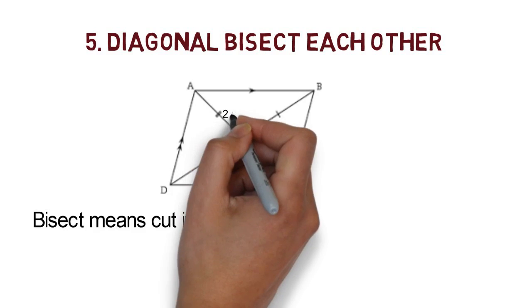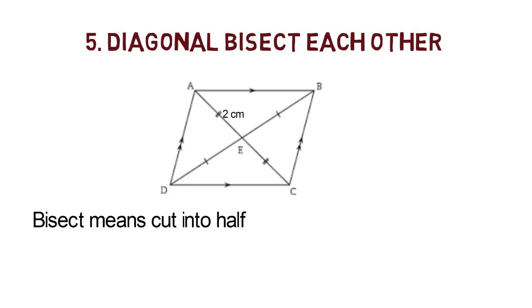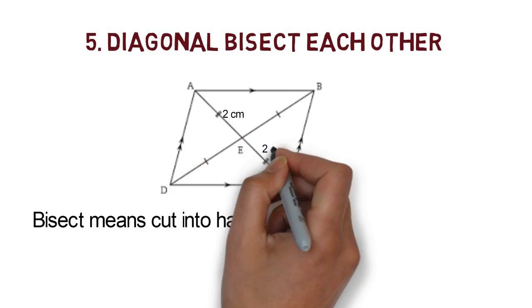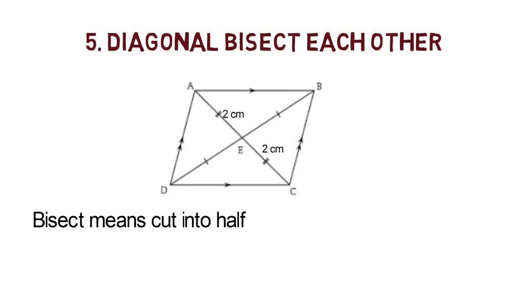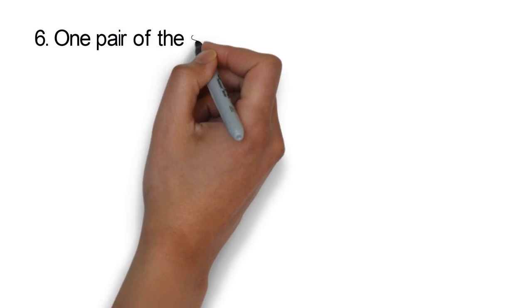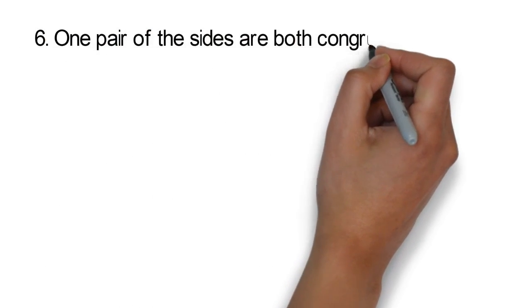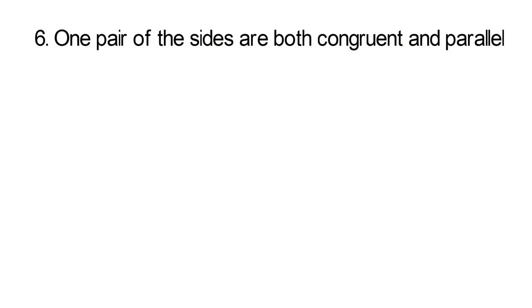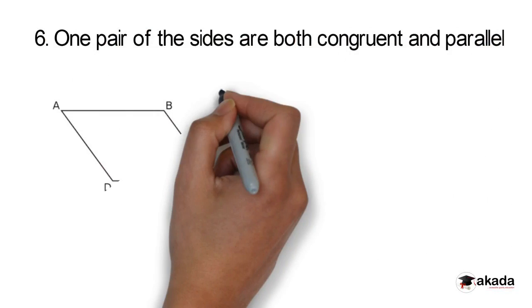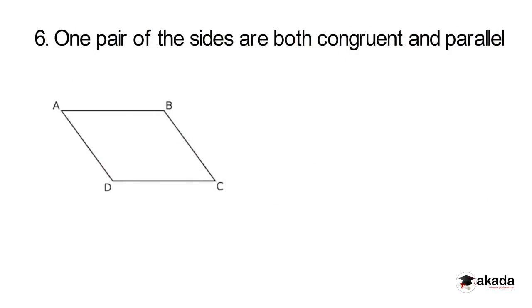So if AE is 2 centimeters, the other side here too will be 2 centimeters also. If this is 3 centimeters, this side also will be 3 centimeters. Do you get that?